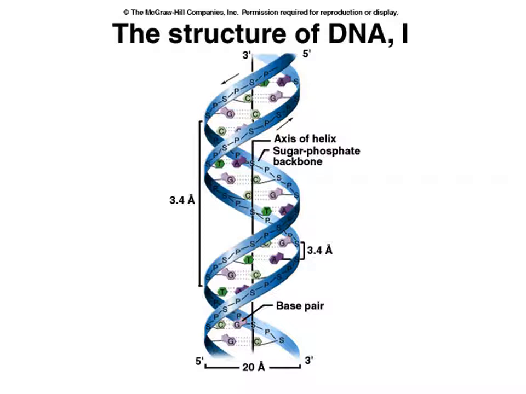Again, we're going to look at the structure of DNA, since this is what we want to replicate. I'd like for you to think about some of the key features of DNA. We know that it's double-stranded. We also know that it has this helical structure. We know that there are 4 different nitrogenous bases that are linked together by hydrogen bonding.